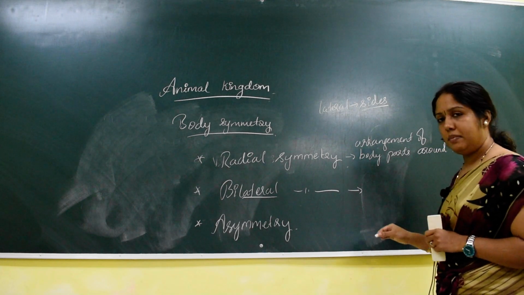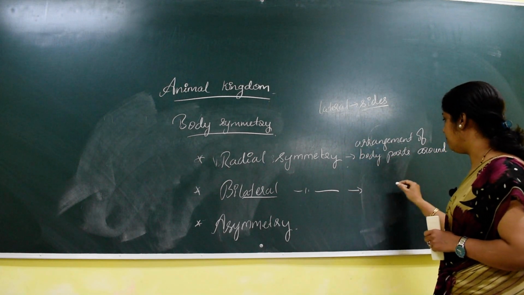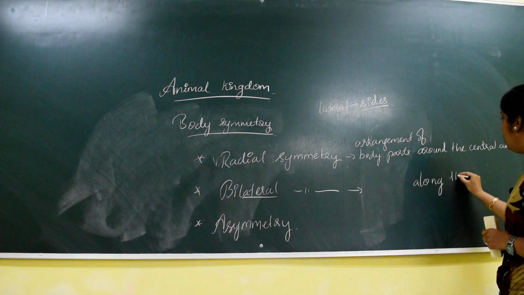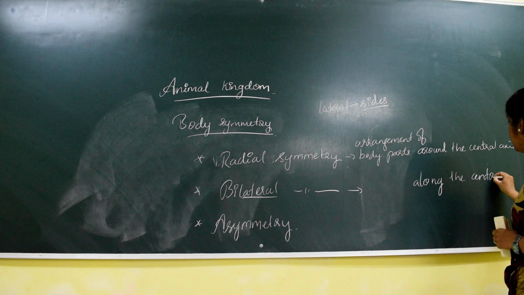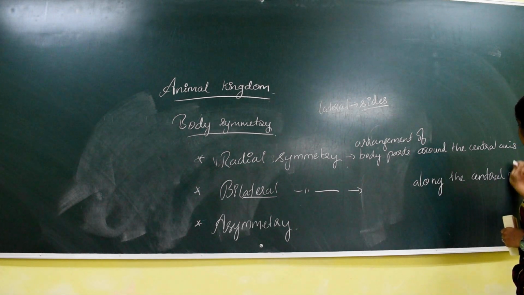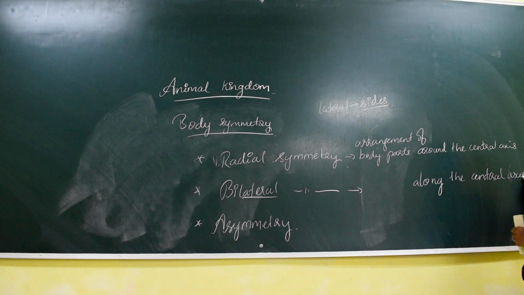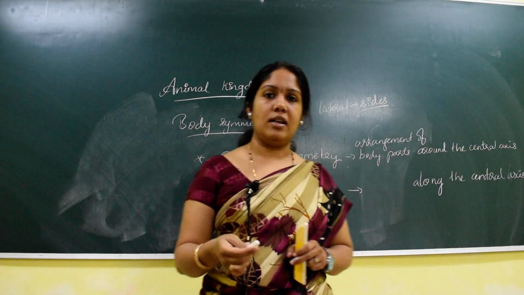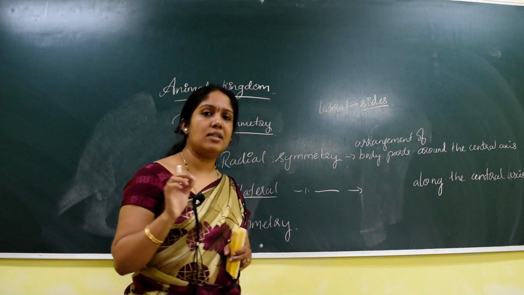The arrangement of body parts is along the central axis or along the central point. You can use either the word axis or point, which are one and the same. What is the central axis or central point? It is imaginary.